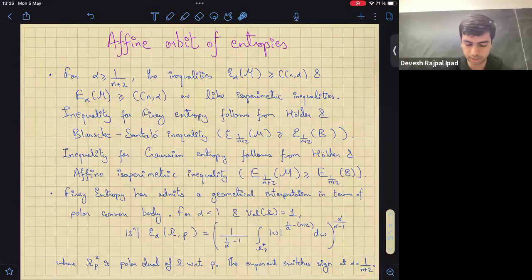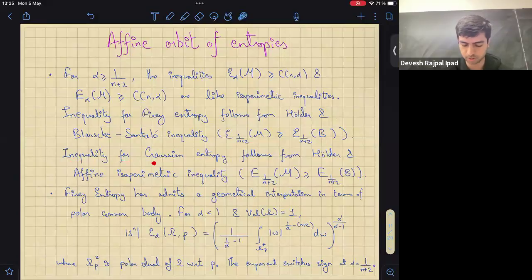In particular, the inequality for Firey entropy follows from Holder and the Blaschke-Santalo inequality, which says that the Firey entropy for the affine power is lower bounded by the one of the ball. And using Holder, you can prove an inequality for all powers higher than 1 over n plus 2.